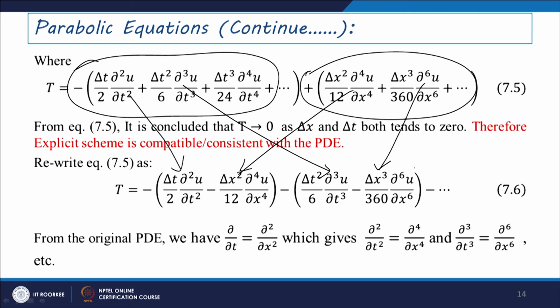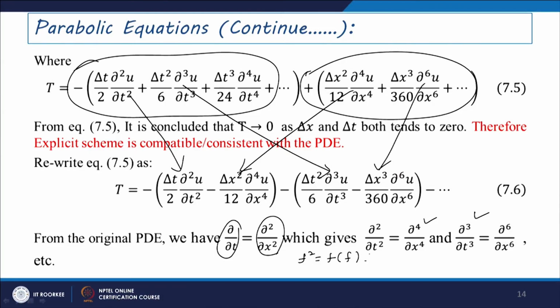From this original partial differential equation, we have del by del t, since these operators can be written in equal form, as it is operated on the variable there, which gives del square by del t square as del to the power 4 by del x to the power 4, and del cube by del t cube gives you del to the power 6 by del x to the power 6. Since these are operators, we can write f square equals f into f there. So, that is why we have represented it in this form.